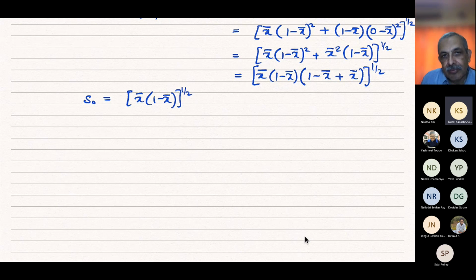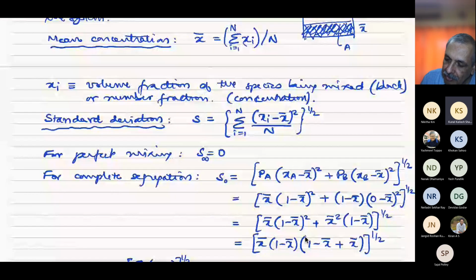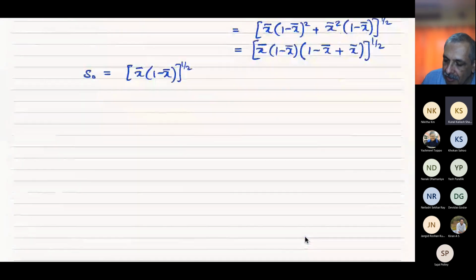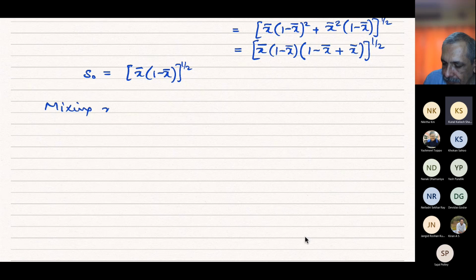So in this way, we can define some sort of mixing measure, which could be something like S by S0, which is going to be less than or equal to 1.